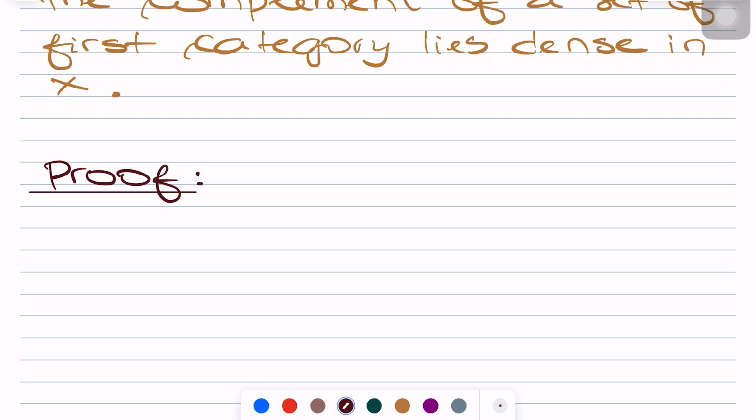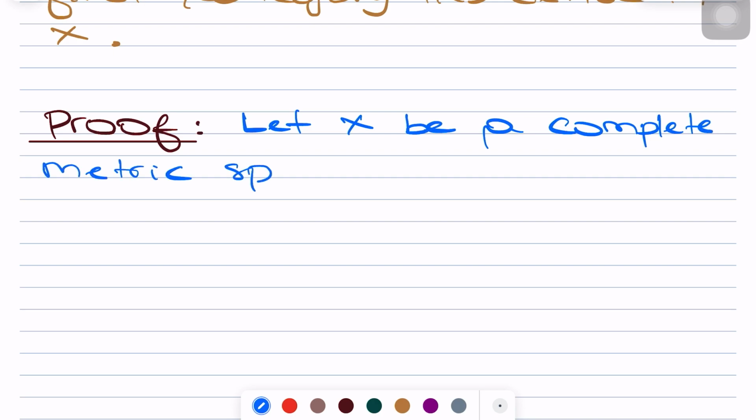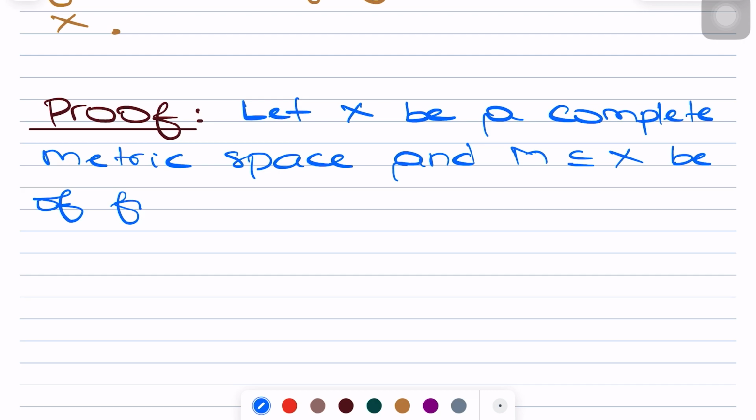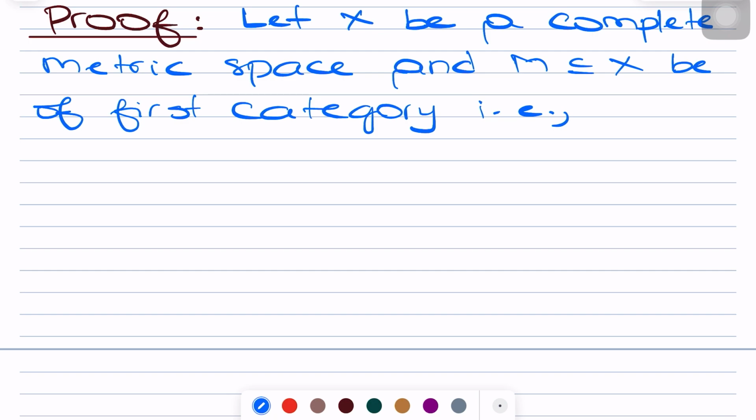Okay, just recall all the settings. So let X be a complete metric space. We give ourselves a subset M of X, which is of first category. Remember, a set is of first category if it is a countable union of nowhere dense sets.